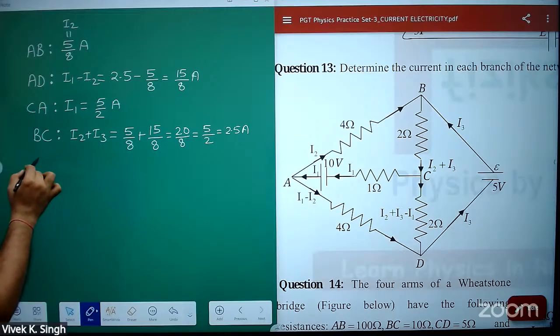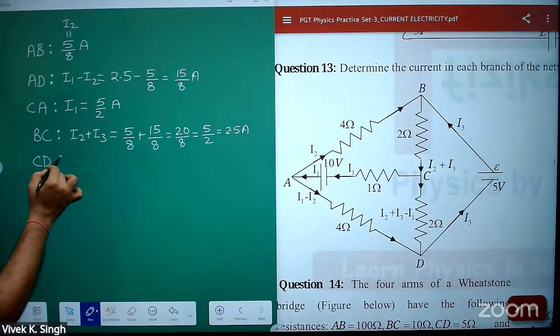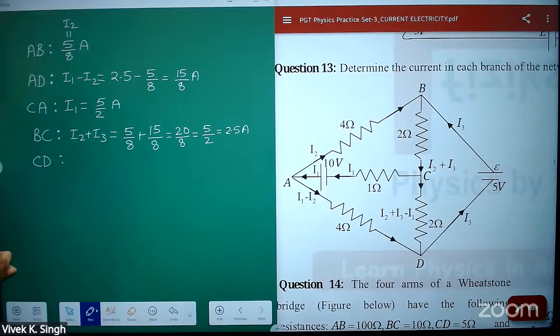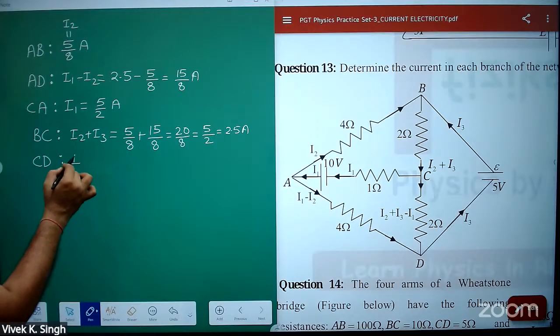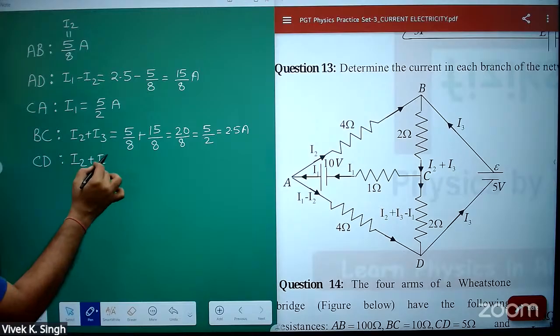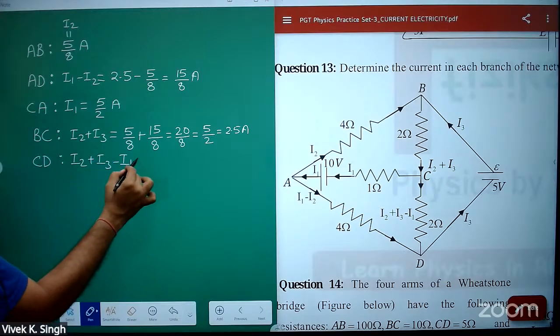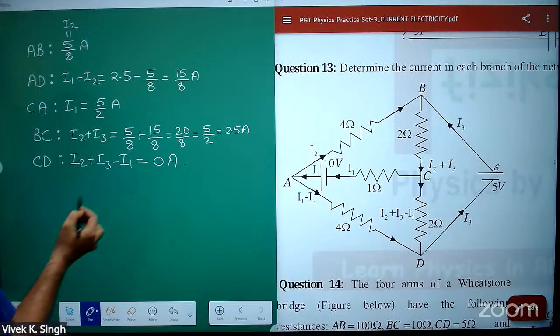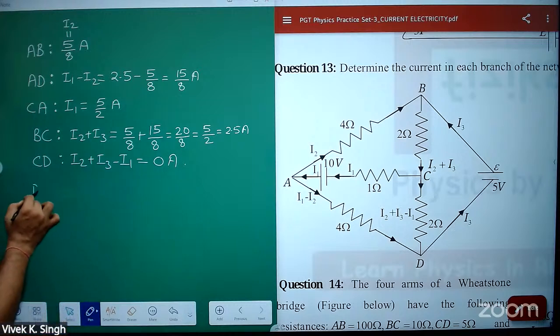Then you have CD. What will be the current in branch CD? CD is I2 plus I3 minus I1, and this will be 0 ampere. And then the I3 DEB branch.